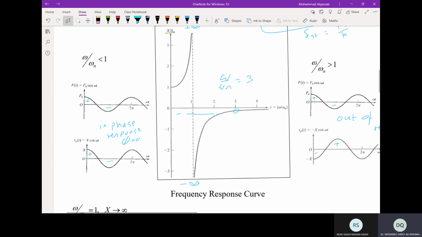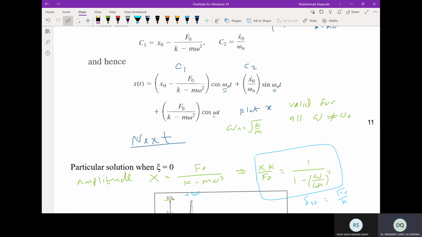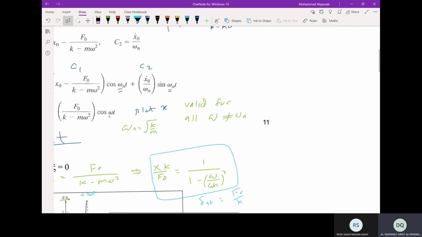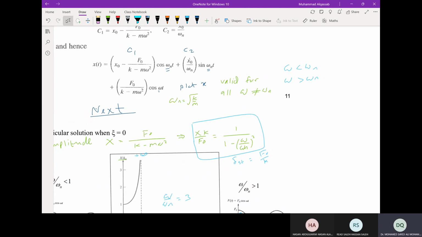Now the total response, this is the equation for the total response when omega is not equal to omega n. So it can be used for omega less than omega n and for omega greater than omega n. This equation is valid. For the total response, you can use MATLAB or Excel.